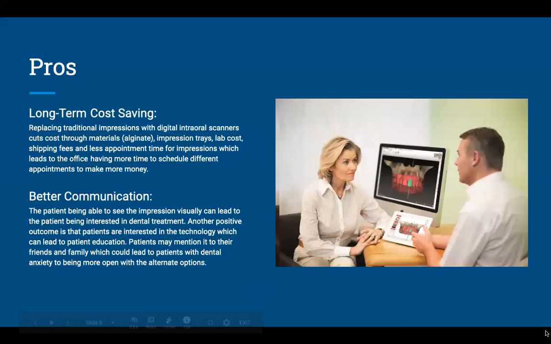Some other advantages include long-term cost savings. If you're thinking about it from a long-term standpoint, you will be saving money, because you're not having to buy the materials as much, like alginate and impression trays, and you're not having to pay the extra lab cost that comes with fabrication and shipping fees.